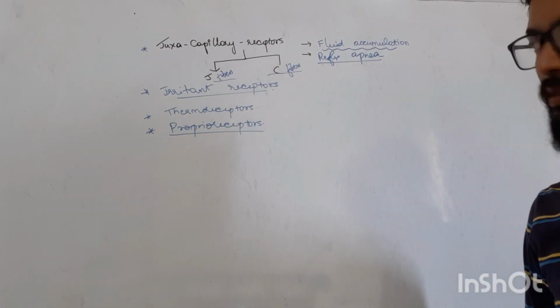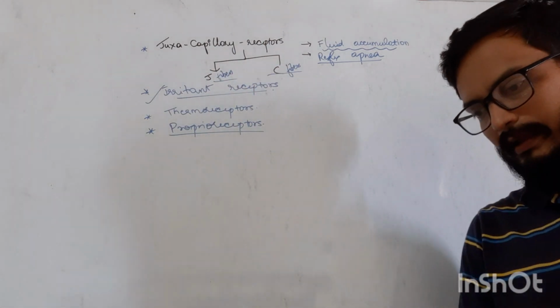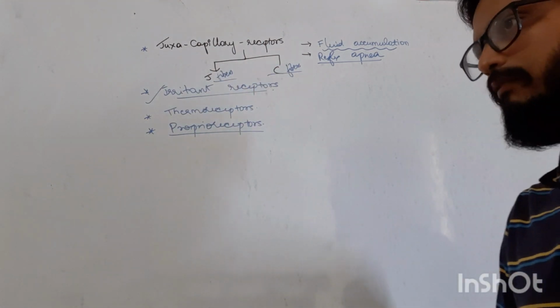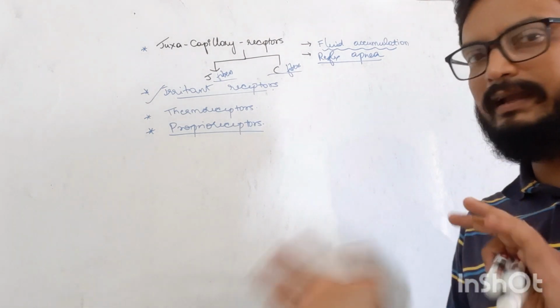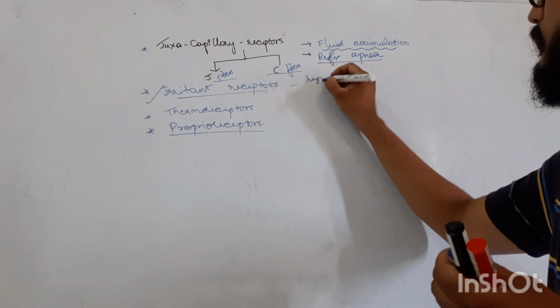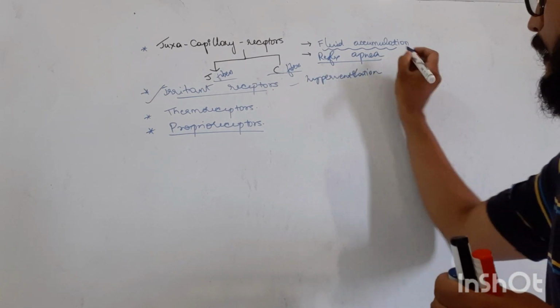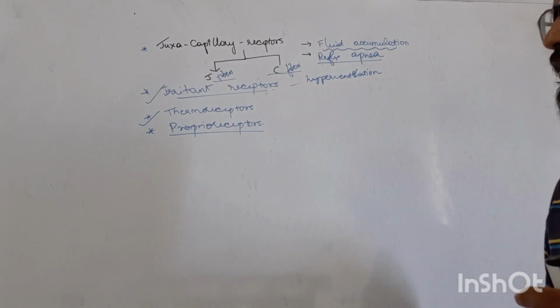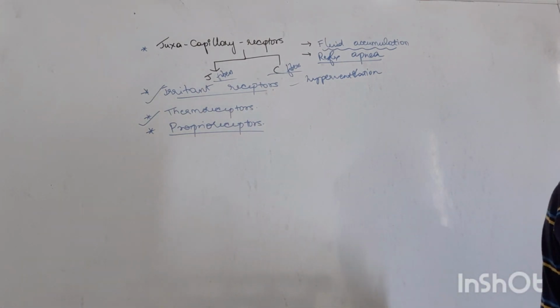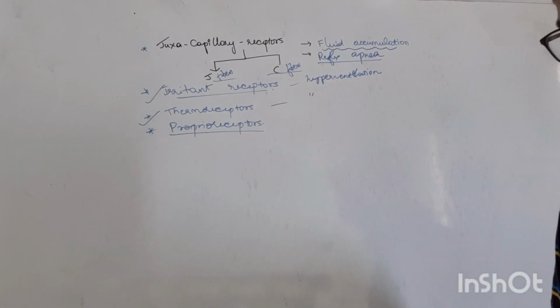There are irritant receptors present in the respiratory airway apparatus, which will detect the irritants and may cause hyperventilation. Even the thermoreceptors, which detect the temperature, can also have an effect on the respiratory center, causing hyperventilation or hypoventilation.